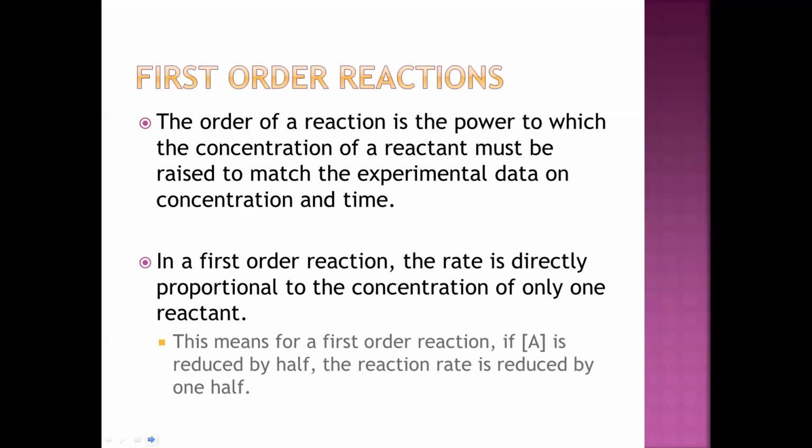So that's implied that it's 1. In a first order reaction, the rate is directly proportional to the concentration of only one reactant. So that means that if the concentration of A is reduced by half, then the reaction rate is also reduced by 1/2. It does exactly the same thing, okay?